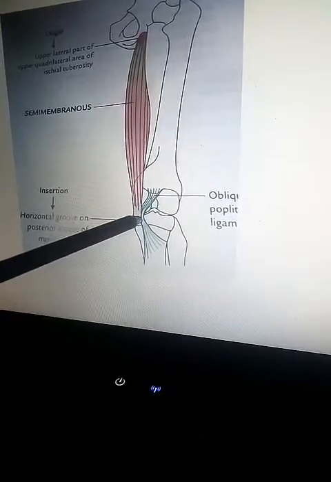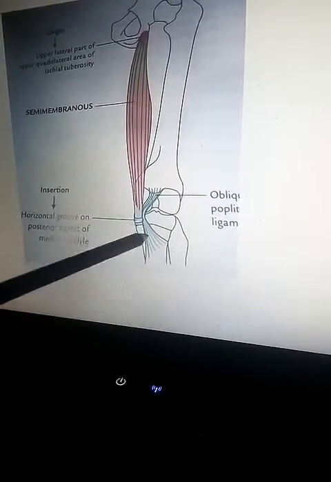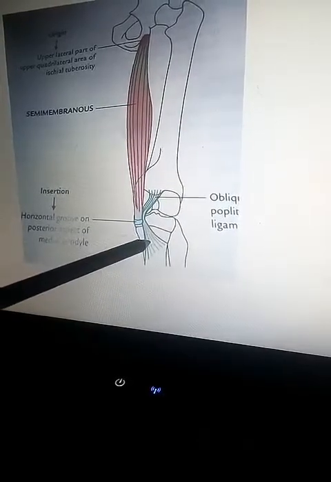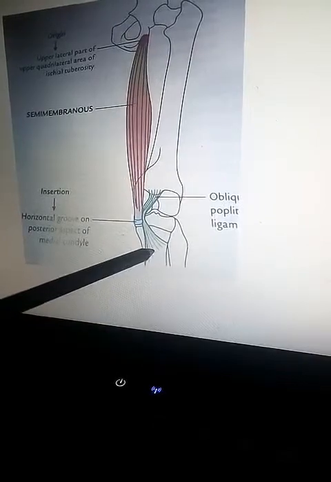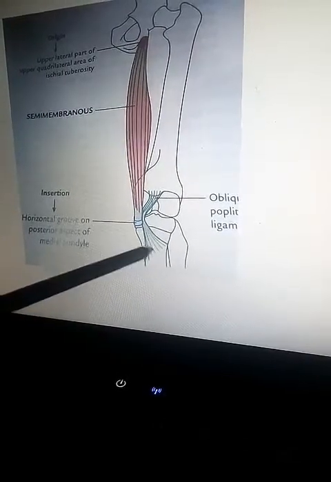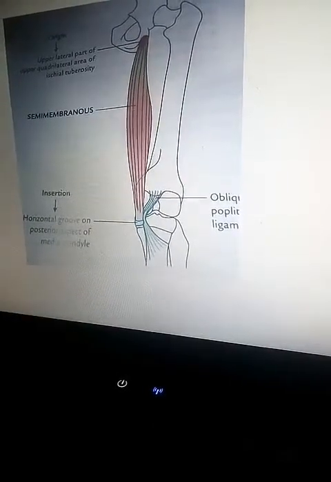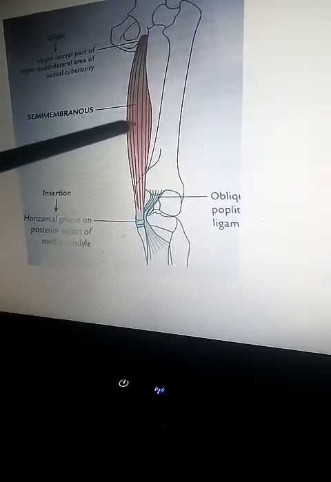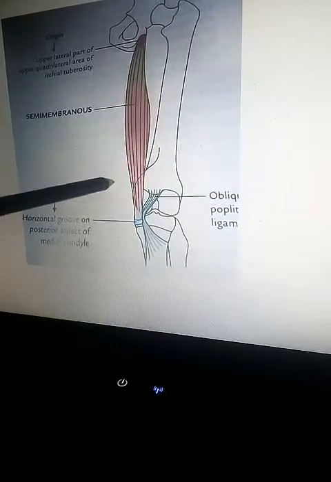Another fibrous expansion extends downwards and laterally across the fascia covering the popliteus to be attached to the soleal line. Now nerve supply: it is supplied by the tibial part of the sciatic nerve.